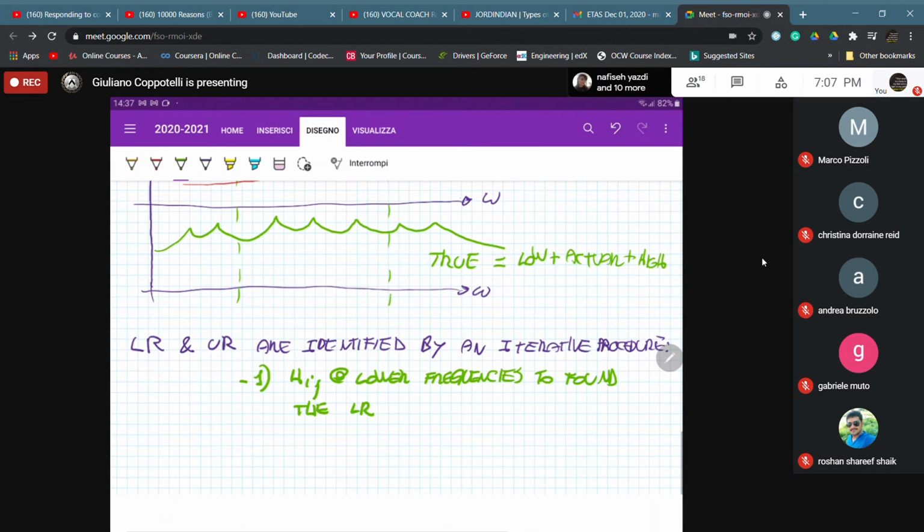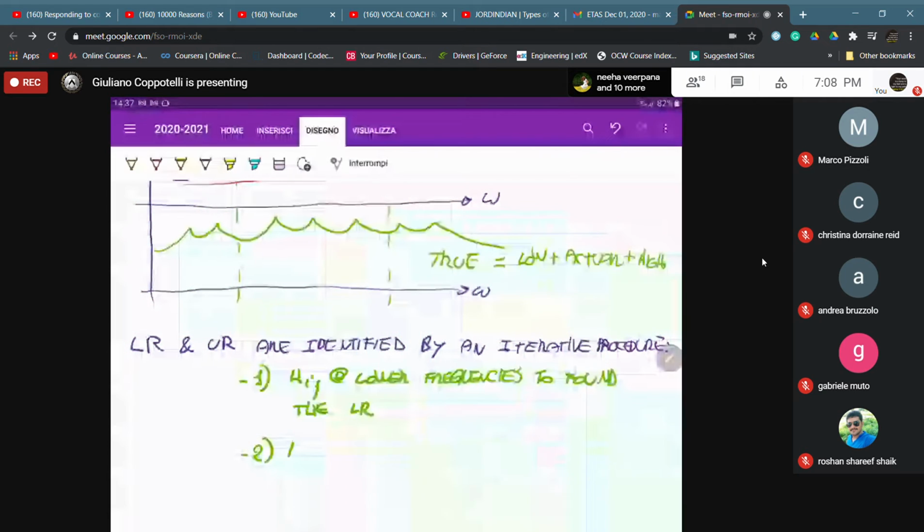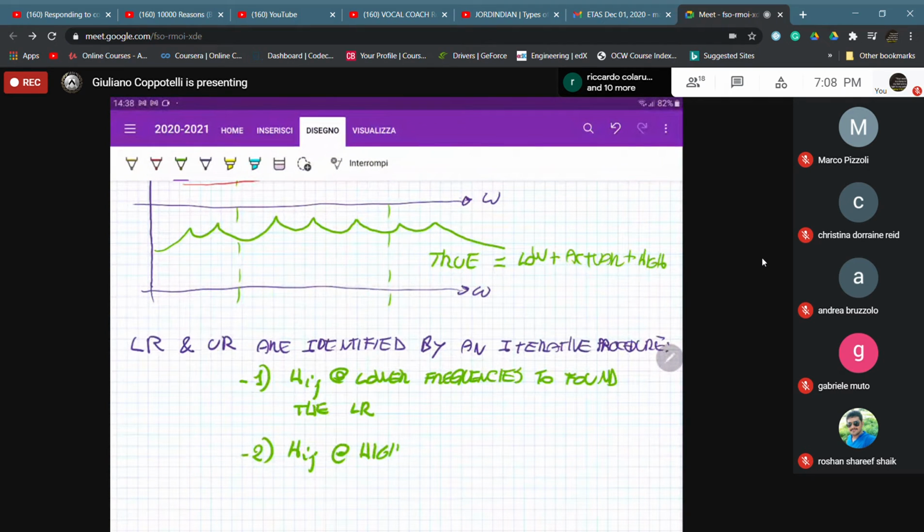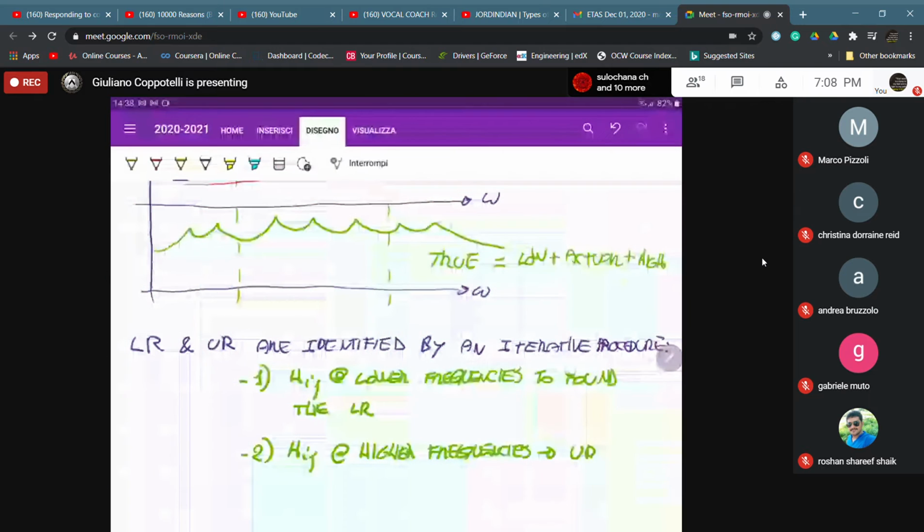Okay, and then the second step, the FRF is evaluated at higher frequencies to find the upper residuals.